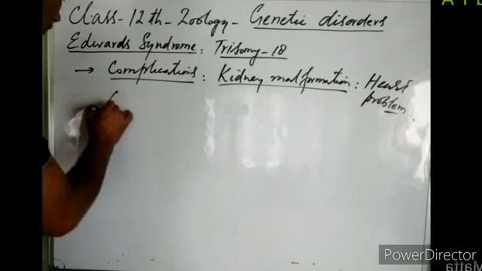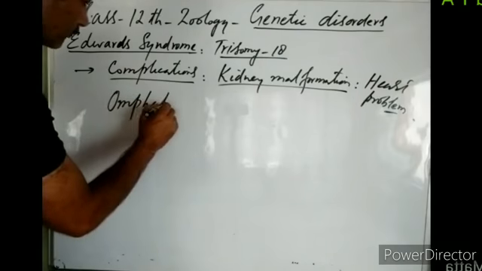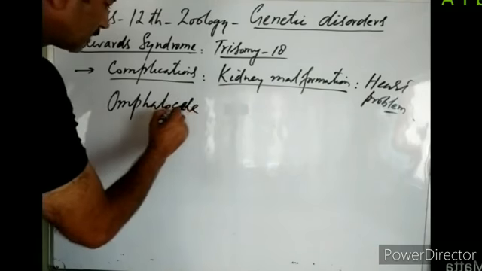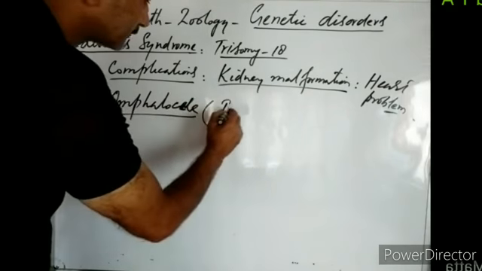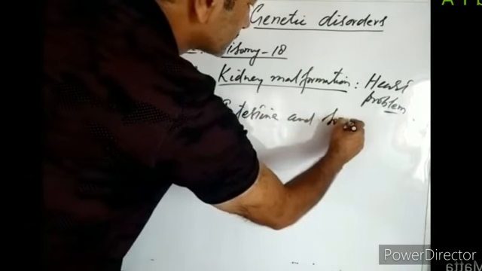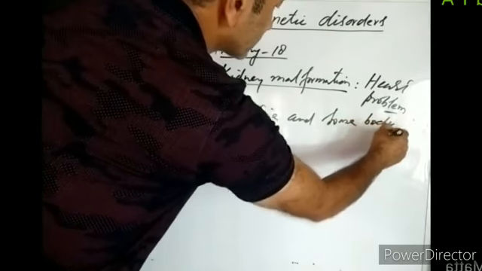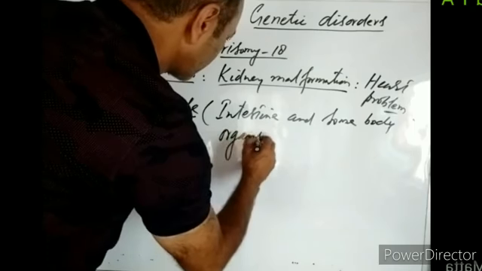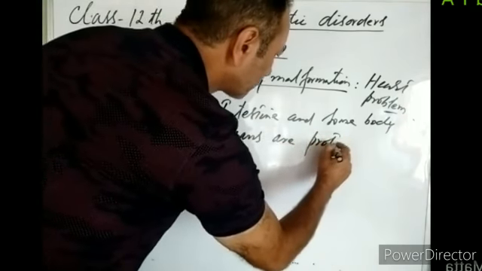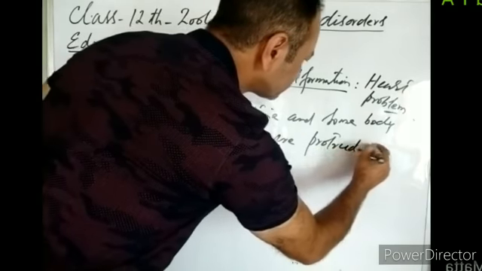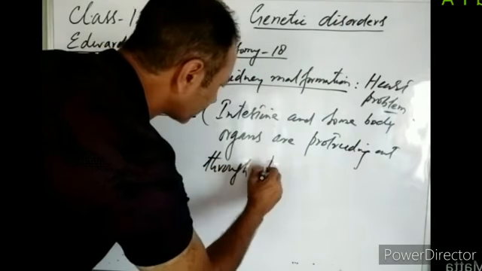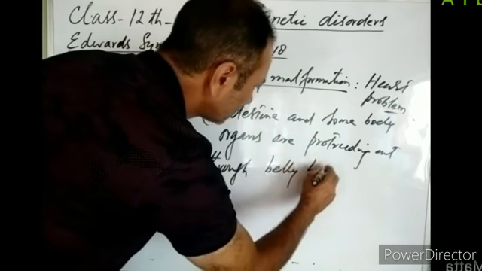They also show omphalocele. What is this omphalocele? Omphalocele means the intestine and some body organs are protruding out through the belly button.